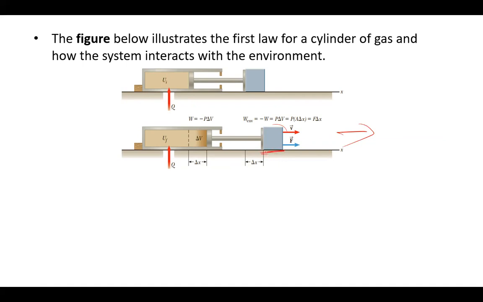Let's assume that there's no friction. As that happens, you expect the work that the system is doing on the environment to be positive, and the work being done on the system to be negative.